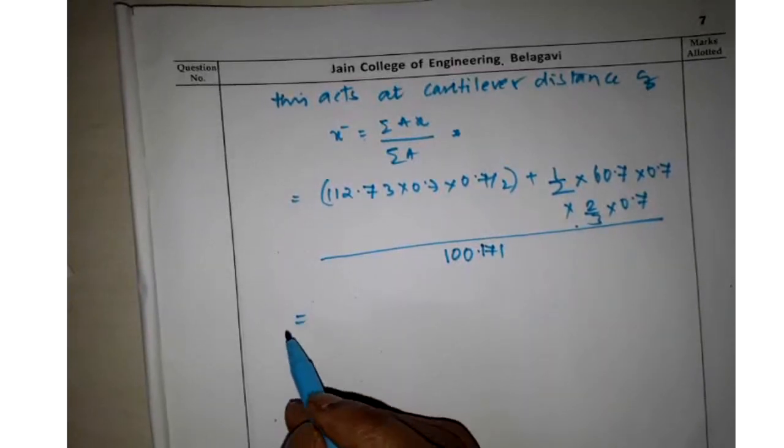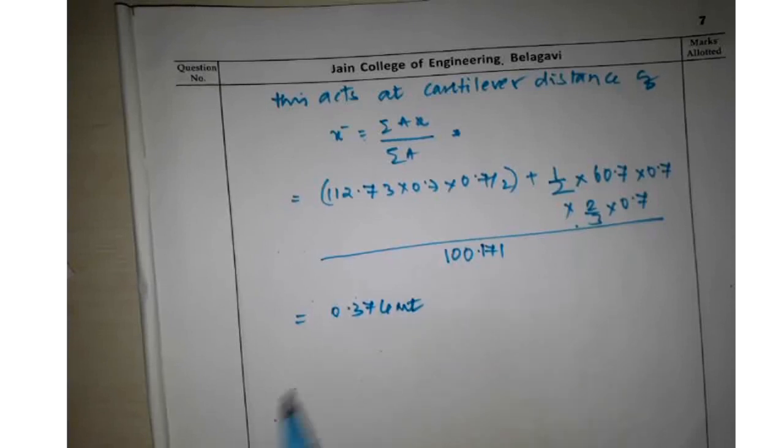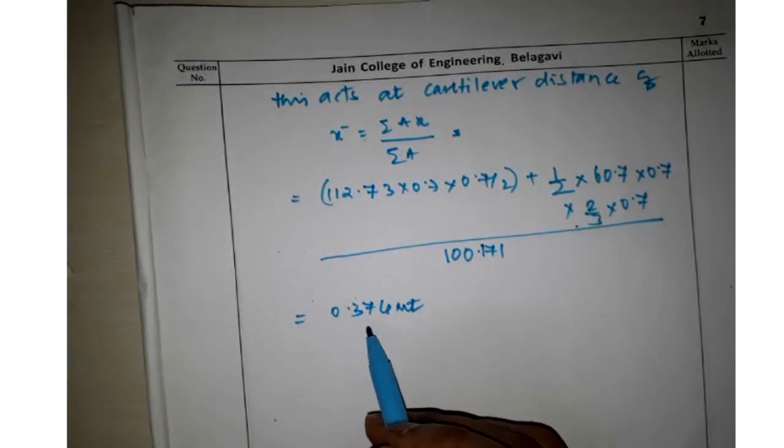Okay, equal to, we get it is 0.374 meter. Okay, so what does it indicate? The rectangular portion and the triangular portion act at a distance of 0.374 meter.